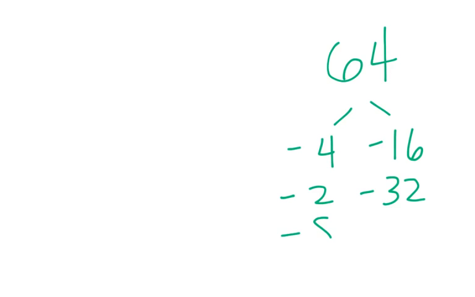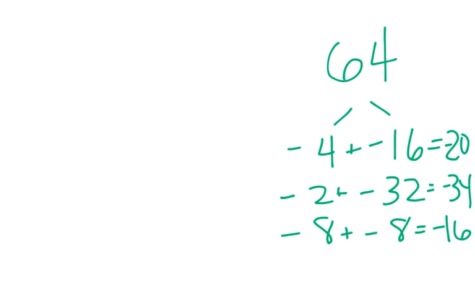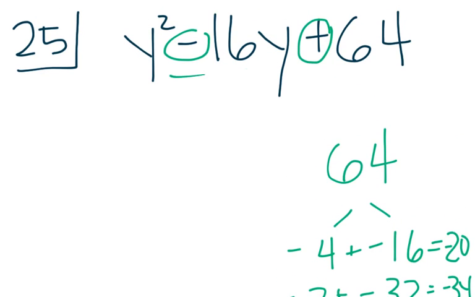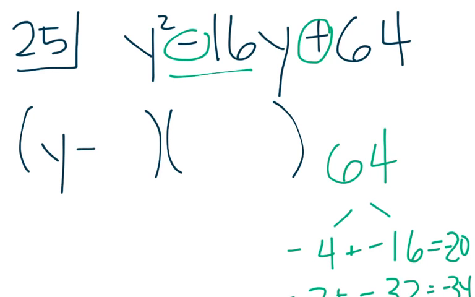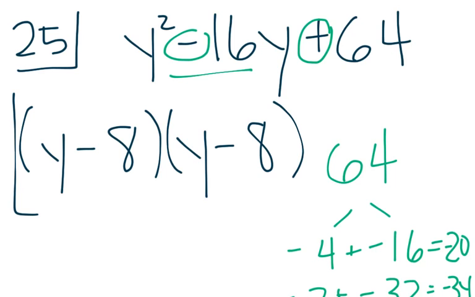We have negative 8 and negative 8. And I think that's it. So if we have negative 4 plus negative 16, that's negative 20. Negative 2 plus negative 32 is negative 34. And negative 8 plus negative 8 is negative 16. So if we look at this, we're looking for negative 16, which means we have 8 and 8. So we have y minus 8 and y minus 8. And this is our final answer.